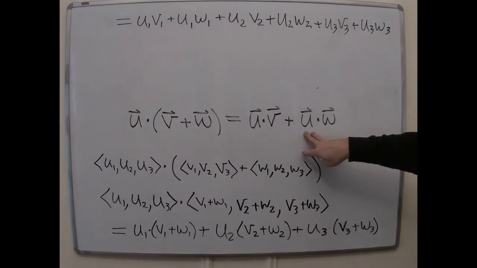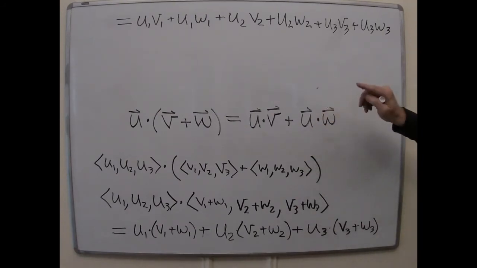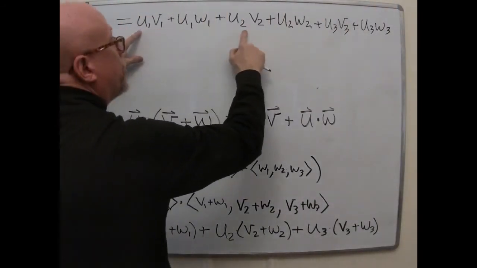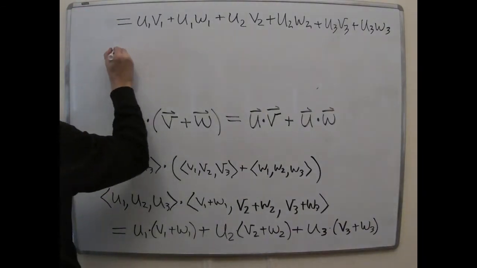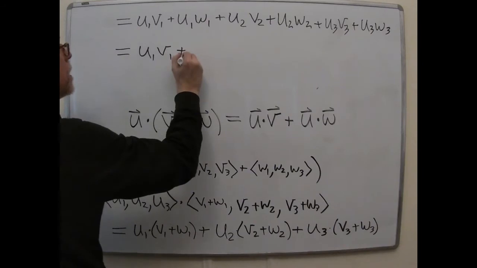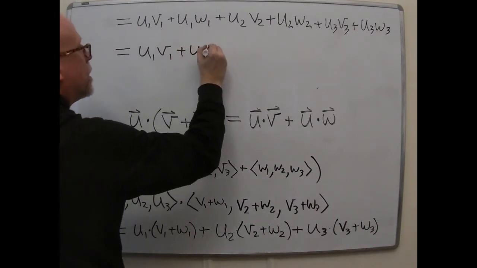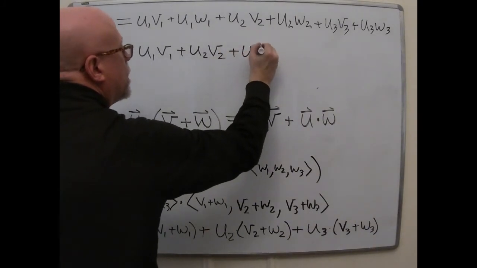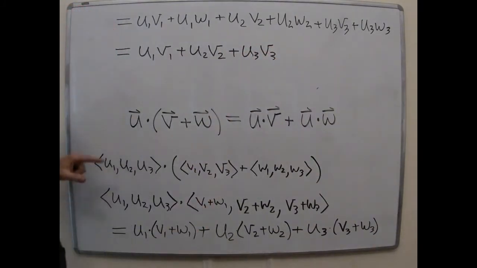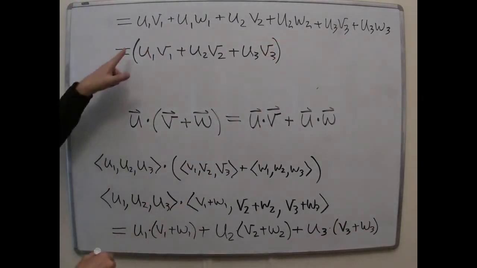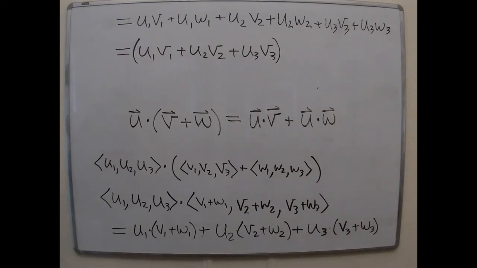If I'm going to achieve that, let's pull all the things that involve V together. That is, U1 and V1, U2 and V2, U3 and V3. Those are all the guys that involve V. We'll put them up first and group them. These are still real numbers, so I can reassociate it any way I like, put in parentheses any way I like.